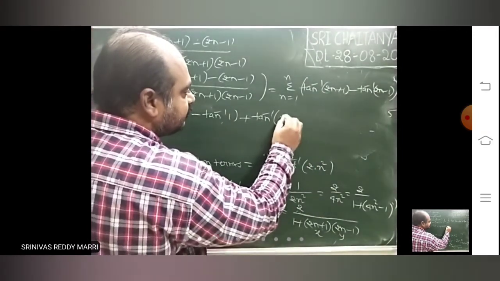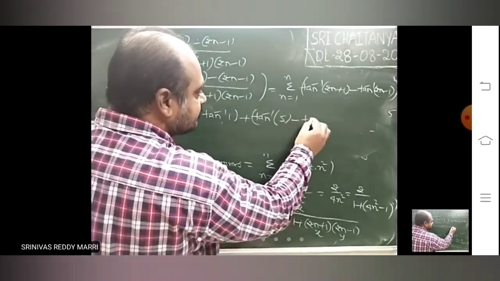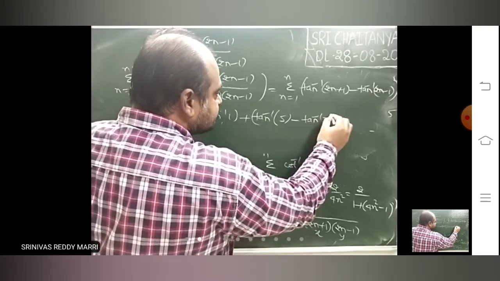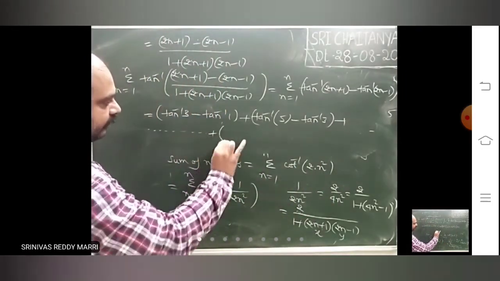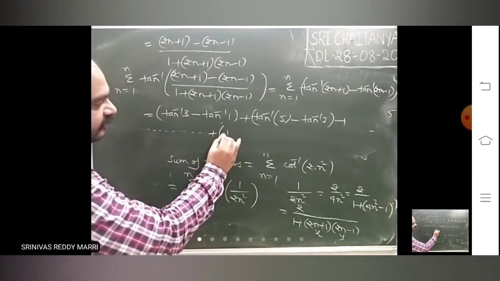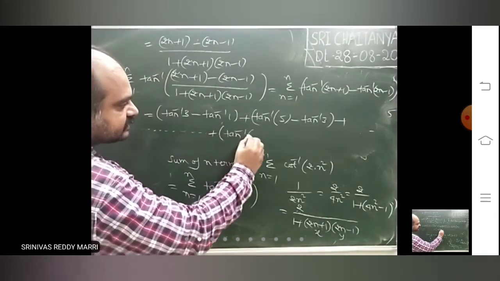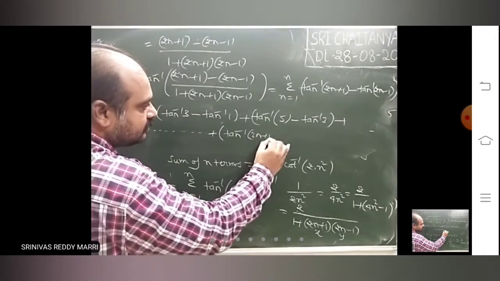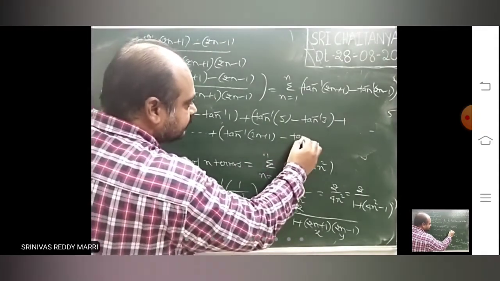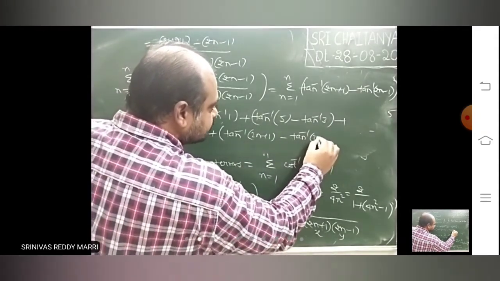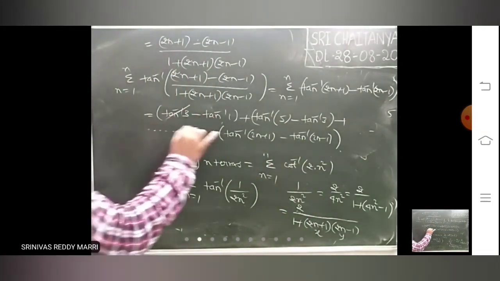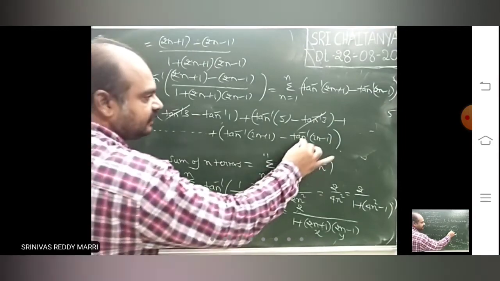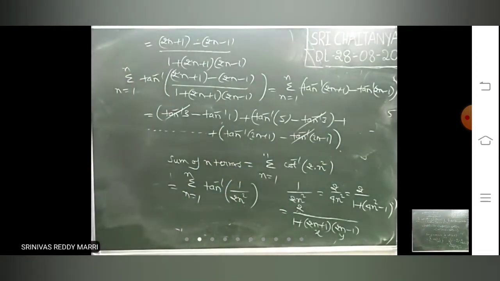N equal to 2 means you will get tan inverse 5 minus tan inverse 3, and so on, plus the last one, n equal to n, tan inverse (2n plus 1) minus tan inverse (2n minus 1). So everything will get cancelled except this term and this term.